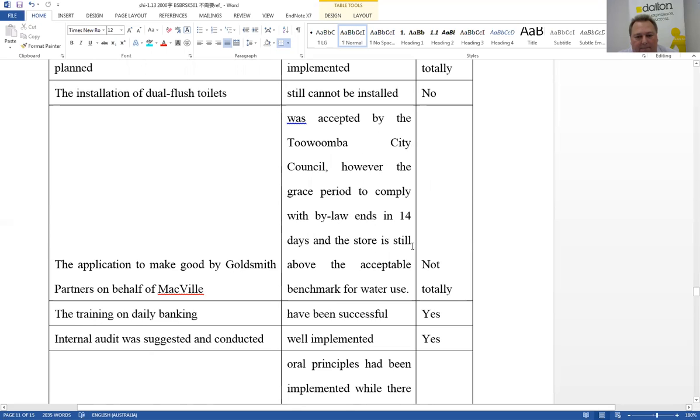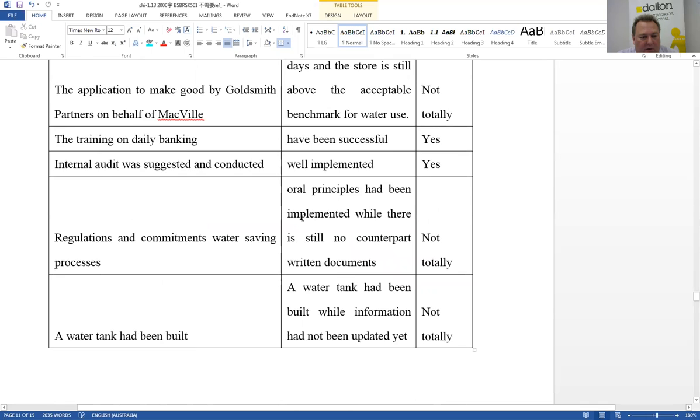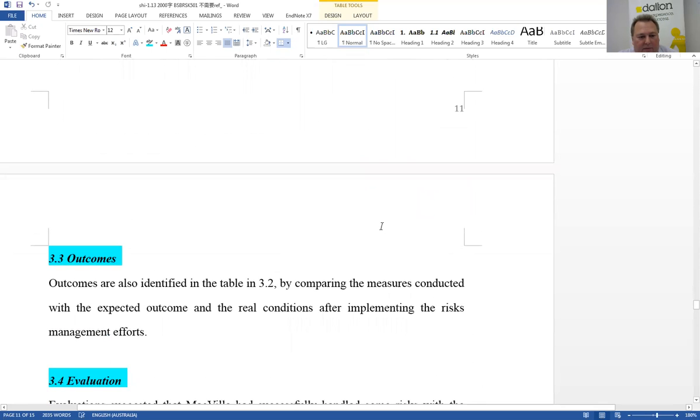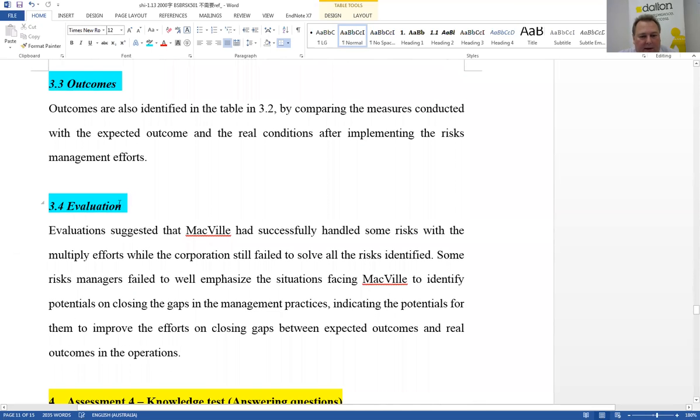Regarding the grace period, the training on daily banking has been successful, yes, and so on. The water tank has been built, so all that information, yes, reflected back into the table. There's my outcomes there, as I said earlier, and the evaluation there.